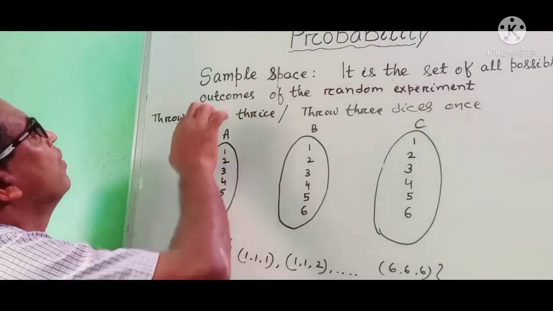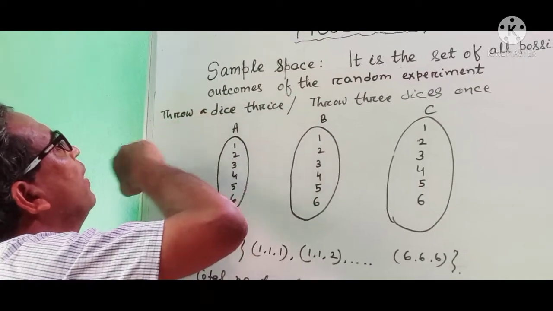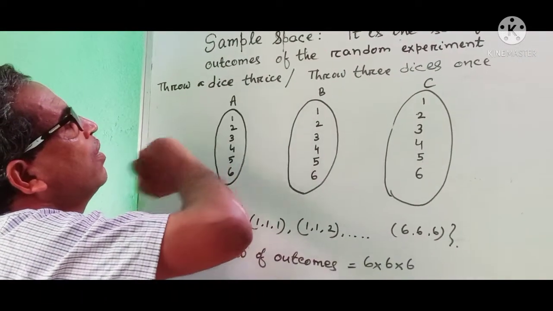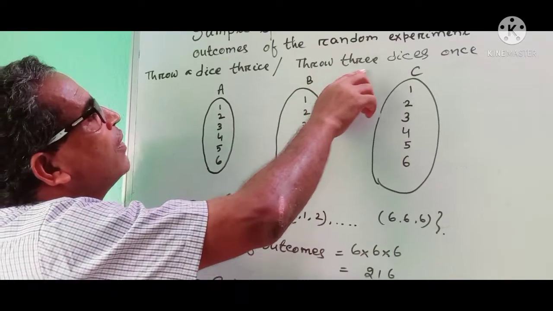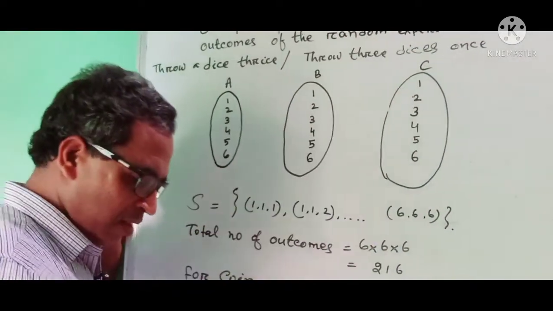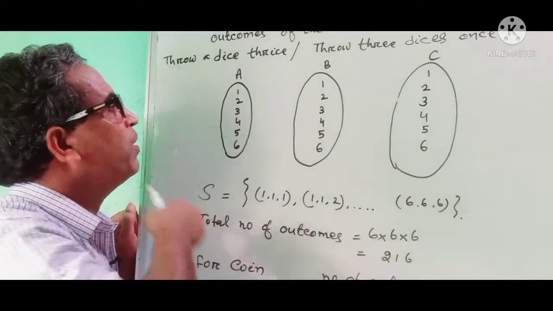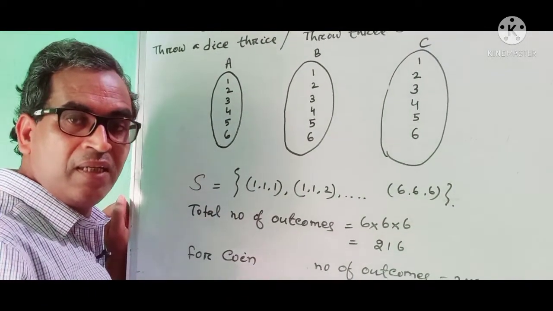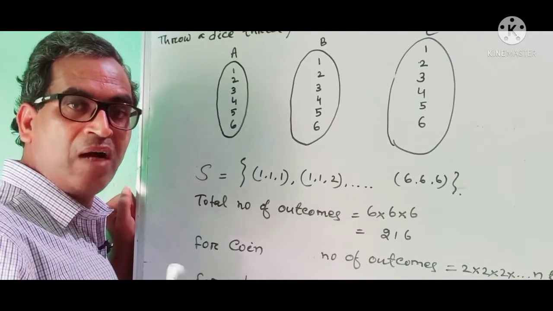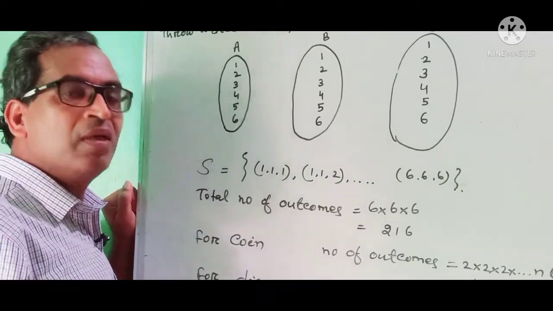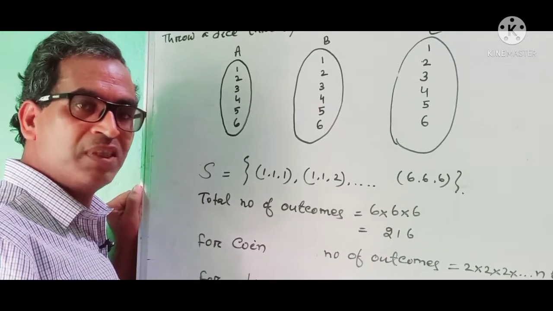Now consider the experiment: throw a dice thrice, or throw 3 dice once. How can we apply the counting principle to find the maximum number of outcomes, the number of elements of the sample space?